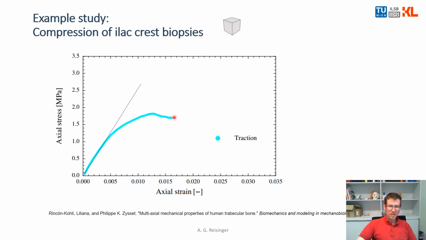The thing when you do compression tests is actually the sample fracture is not indicated by a drop of force to zero. No, you can imagine you do a compression test on this sample, and you compress it, you crush it. At some point maybe you reach a maximum stress, but then you have these fracture pieces in between your two plates, and you can suddenly apply even more pressure.